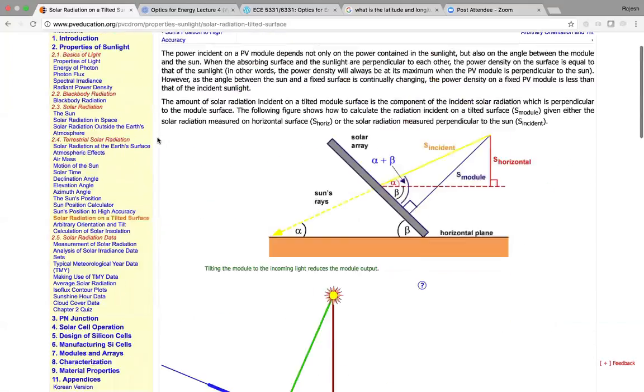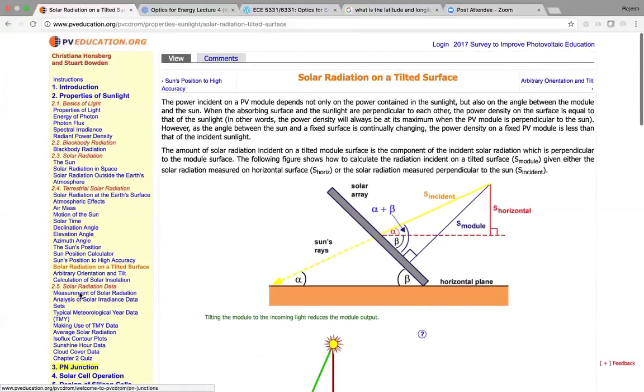So I highly recommend you go and play with this. It gives you some interesting details, and especially some of the equations that would be useful when you try to model the performance of your system as a function of daily motion of the sun or seasonal variation of the sun.